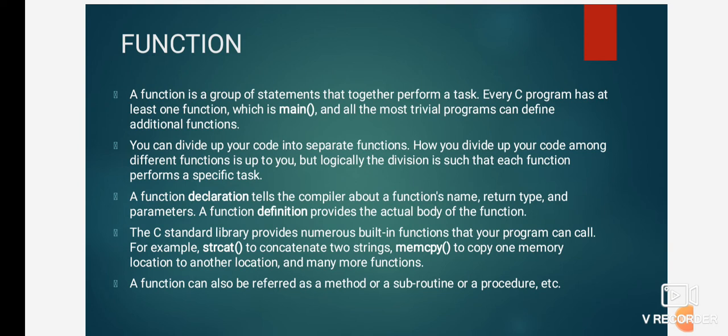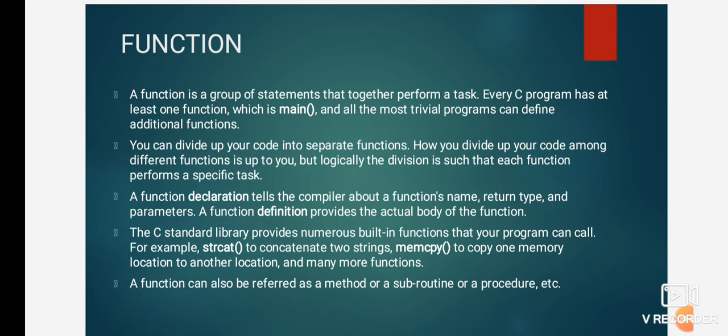A function definition provides the actual body of the function. The C programming library provides numerous built-in functions that your program can call. For example, the string concatenate method, strcat, is nothing but concatenation of two strings.